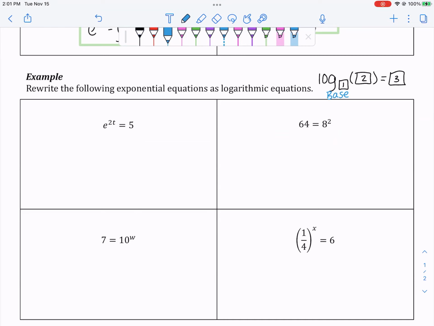Start at the base, across the equals, back again. So the base here is E. So ready? We have log base E.